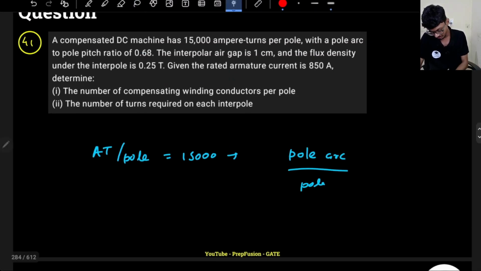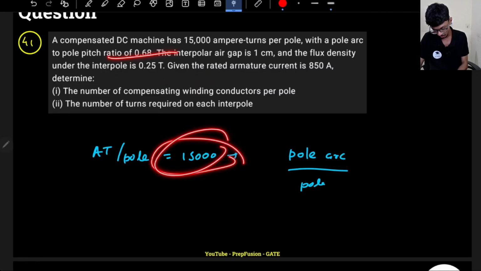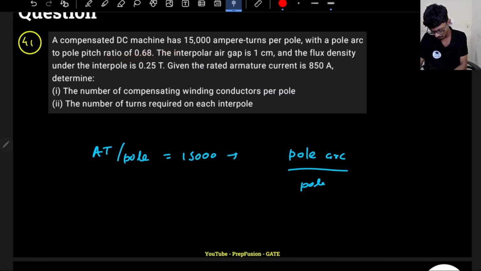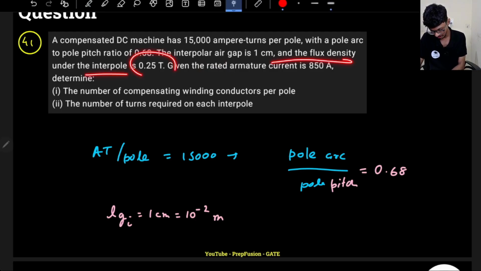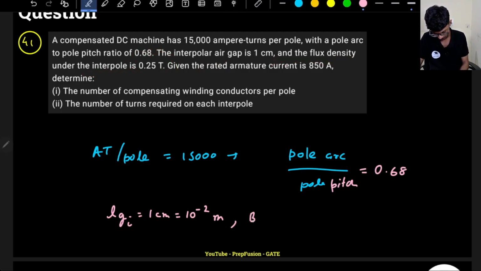So we were writing down that the compensated ampere turns per pole was 15,000. The pole arc to pole pitch ratio was 0.68. The interpolar air gap was 1 centimeter, so lgi was equal to 1 centimeter, or 10 raised to power minus 2 meter. The flux density under the interpole is 0.25 Tesla.